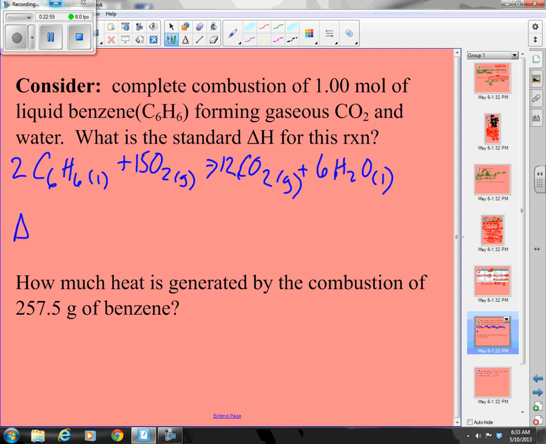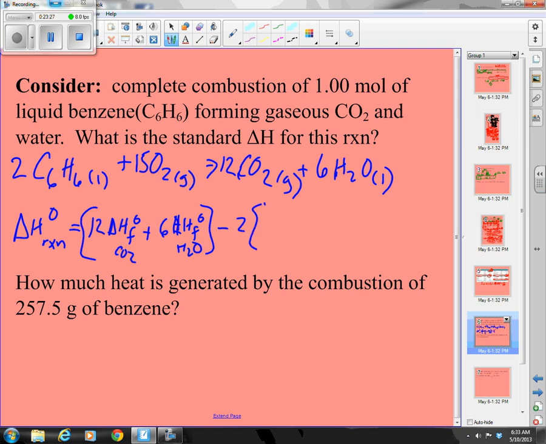Good. So when I write out my equation for this, my standard heat of reaction is going to equal what? 12 times the standard heat of formation of carbon dioxide plus 6 times the standard heat of formation of H2O, put that in a nice big bracket, minus 2 times the standard heat of formation of my benzene, minus 15 times the standard heat of formation of my oxygen.